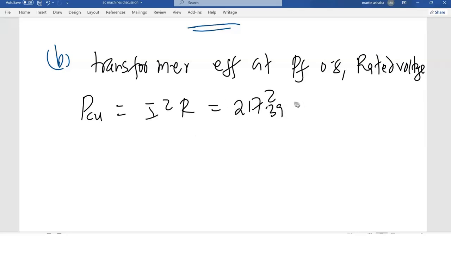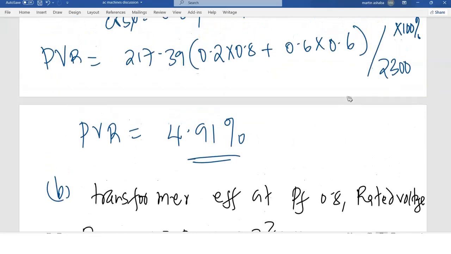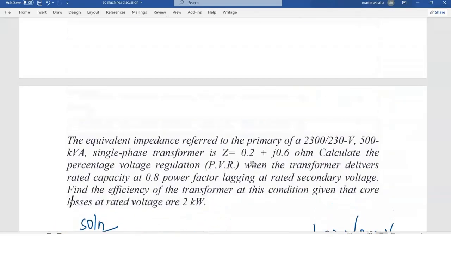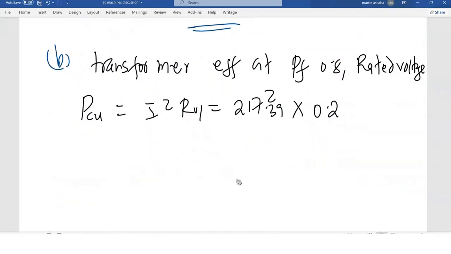So this is going to be 217.39 squared multiplied by the resistance referred to the primary, R01, which is 0.2. You can check in the question, it is given as 0.2. So this is 217.39 squared times 0.2.